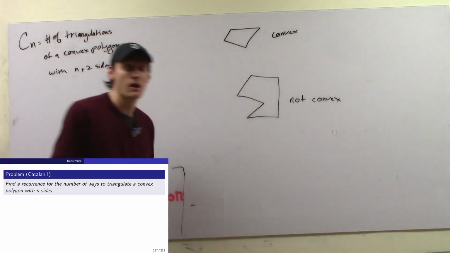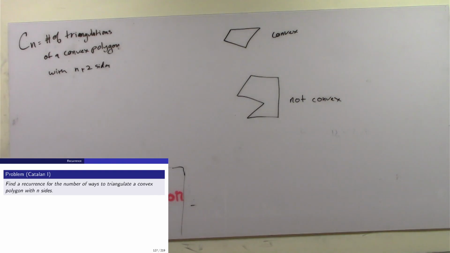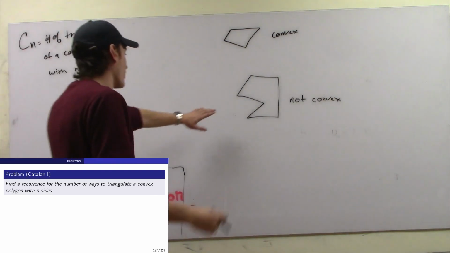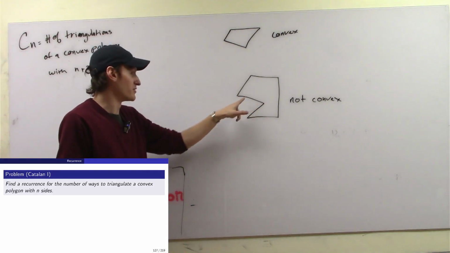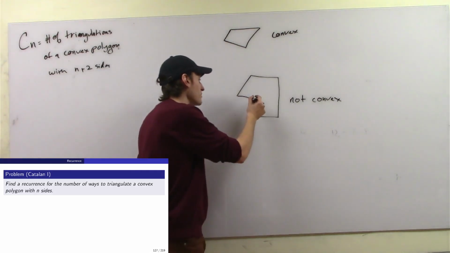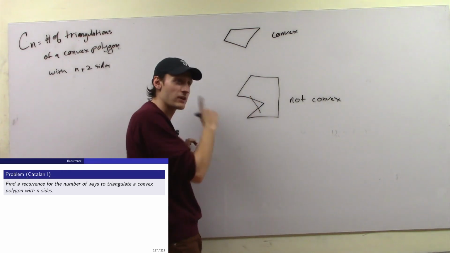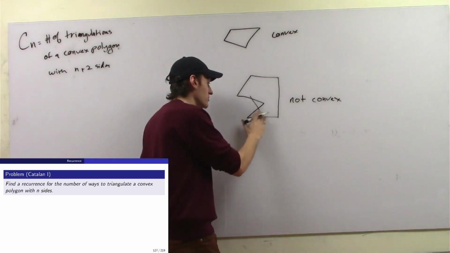The issue with this being not convex is the situation right here. In general, convexity means if I have 2 points, I should be able to draw a line between them and stay within my shape. I can't do that right here. Okay, so this is not convex.